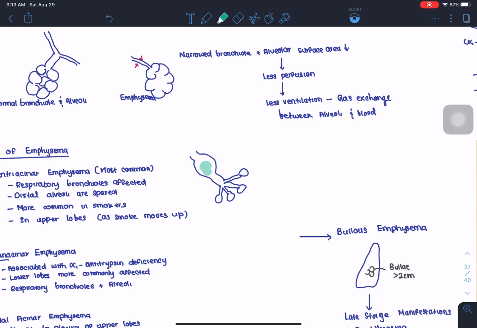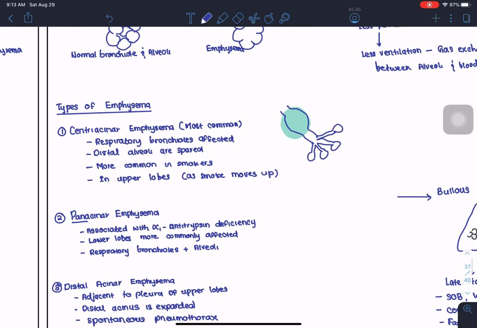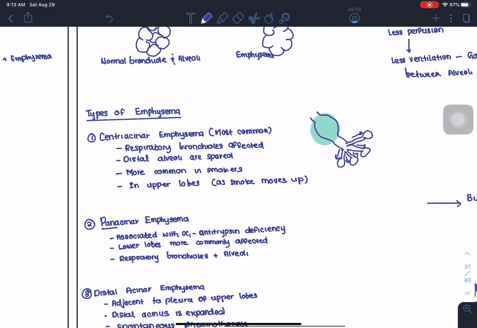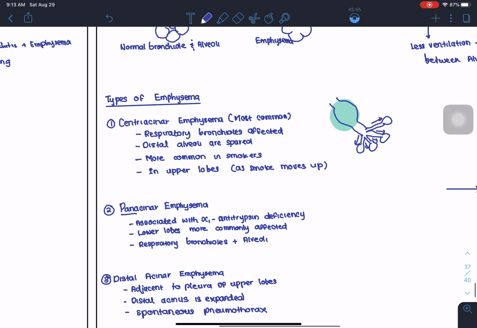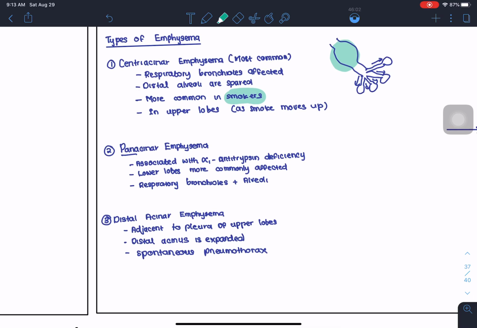So this is where it's enlarged. The distal alveoli are spared. The alveoli more distally are spared. More common in smokers. Okay, this is important because the other type is more common in a genetic deficiency.